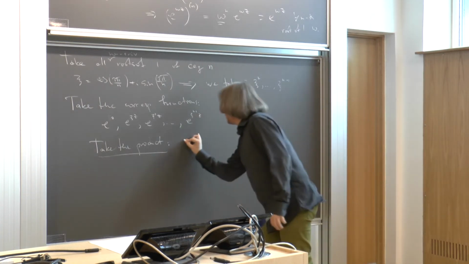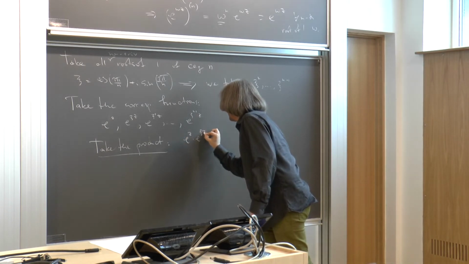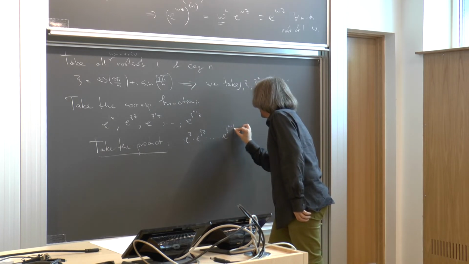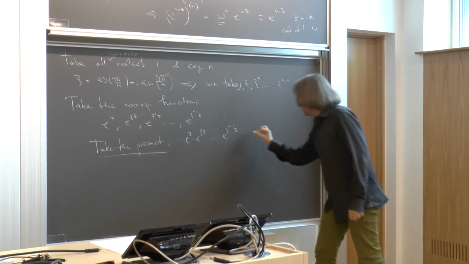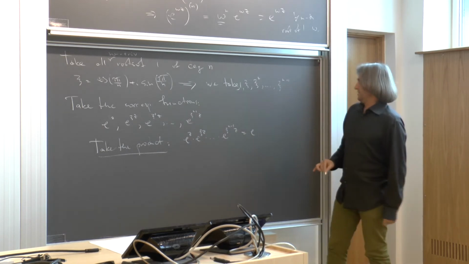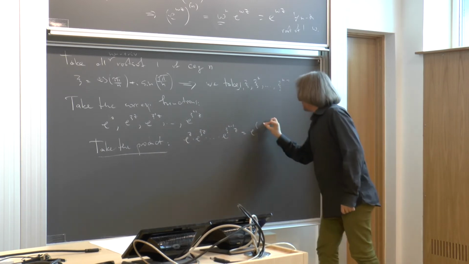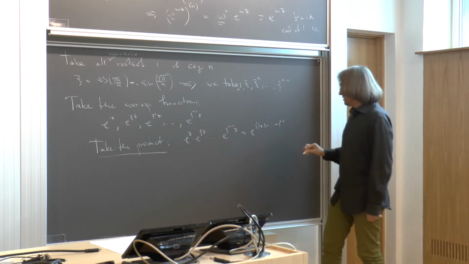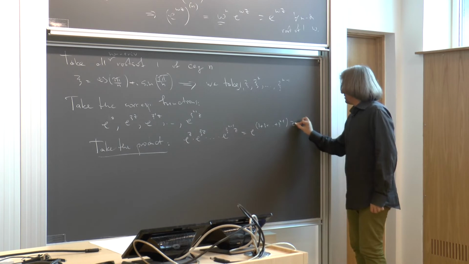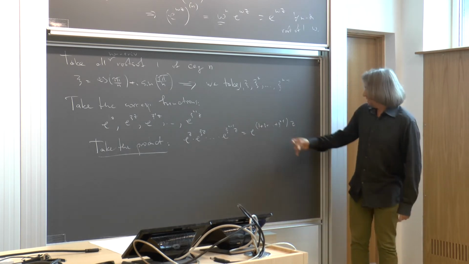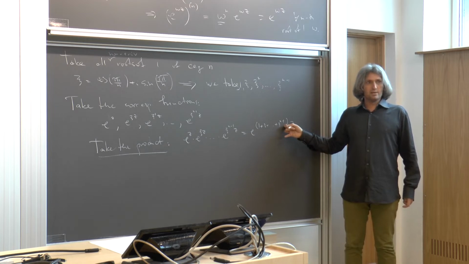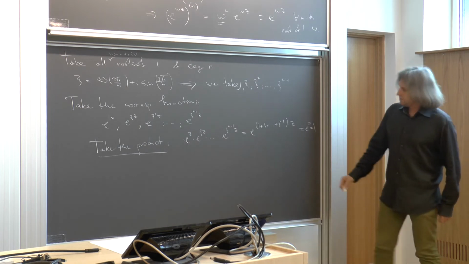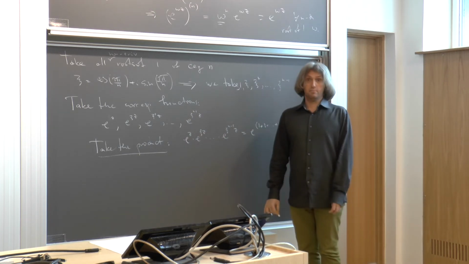Let's take the product. e to the z times e to psi z times and so on times e to psi to n minus 1 z equals e to, well, the sum of these, and the sum of these is 1 plus psi plus so on plus psi to n minus 1, times z. But this sum equals 0. So this equals 1. So the product of all such functions equals 1.